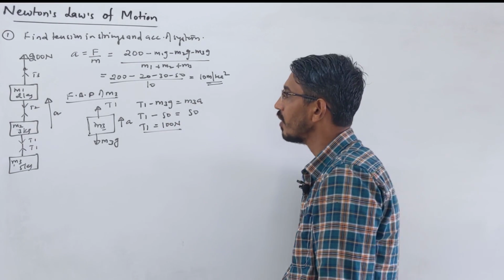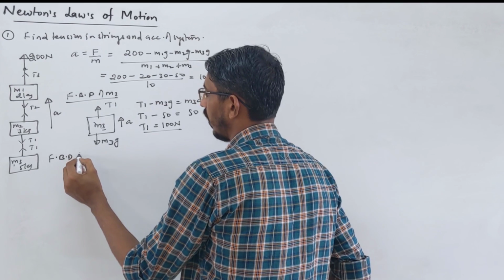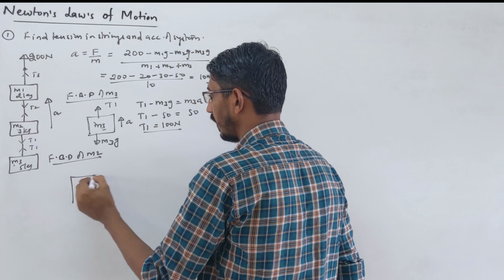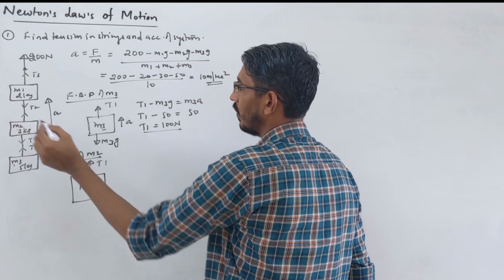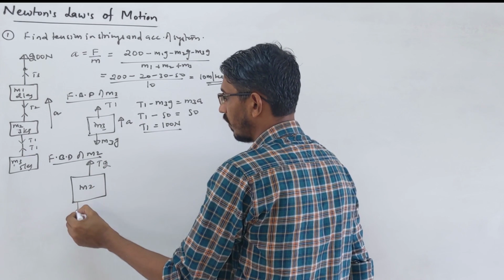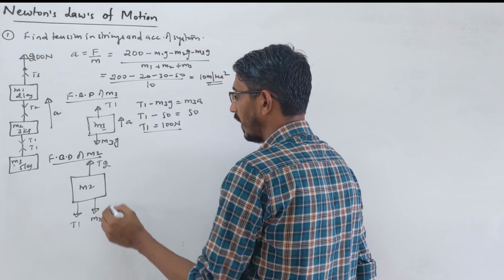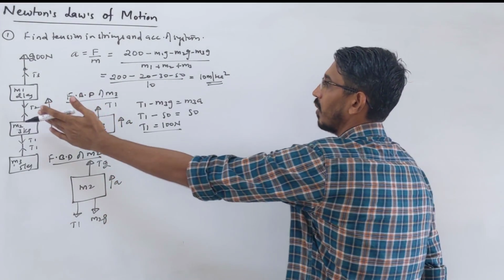Okay, FBD of M2 block. How does it look? I'm drawing it here. This is your M2. Upward force is tension T2, we are writing the symbol. Downward force is one tension T1 plus weight of this block M2G, and it's accelerating upward. This is the FBD of this block.